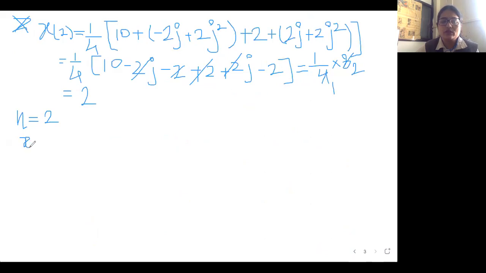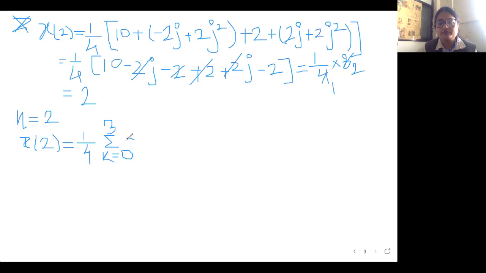So now you will have to substitute into the equation x of 2, which is 1 by 4 summation, where k varies from 0 to 3.